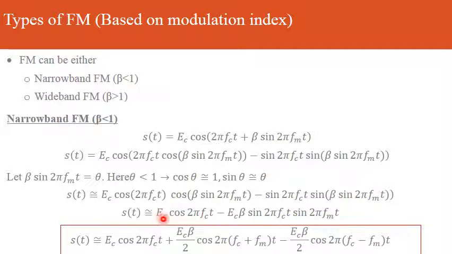So the equation has become Ec cos 2π fc t minus Ec β sin 2π fc t sin 2π fm t.